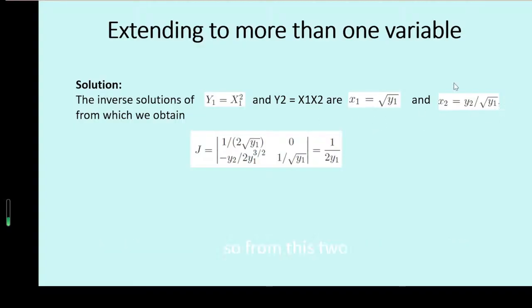From these two inverse functions, we can get the Jacobian, which is the partial of x1 with respect to y1, partial of x1 with respect to y2, partial of x2 with respect to y1, and partial of x2 with respect to y2. The determinant of this matrix is 1 divided by 2 times y1.